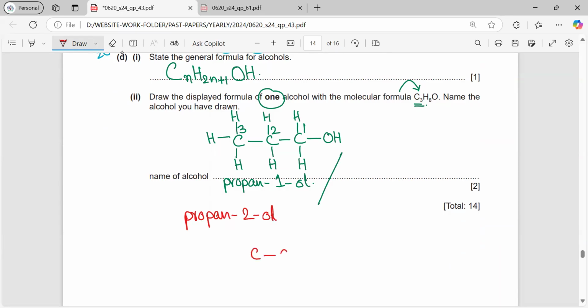We can attach this OH on the second carbon, and when we attach the OH on the second carbon, it will become propan-2-ol. Both answers are considered correct.